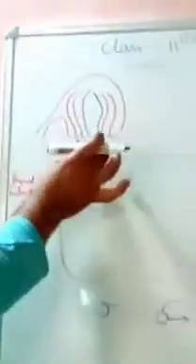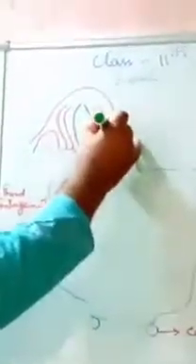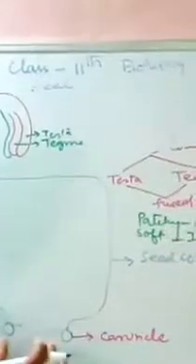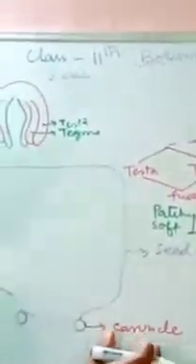When this ovule develops into the seed, this one gets converted into the testa, this gets converted into the tegmen, and this third one develops into the outgrowths which are present at the micropylar end. This is called the caruncle.